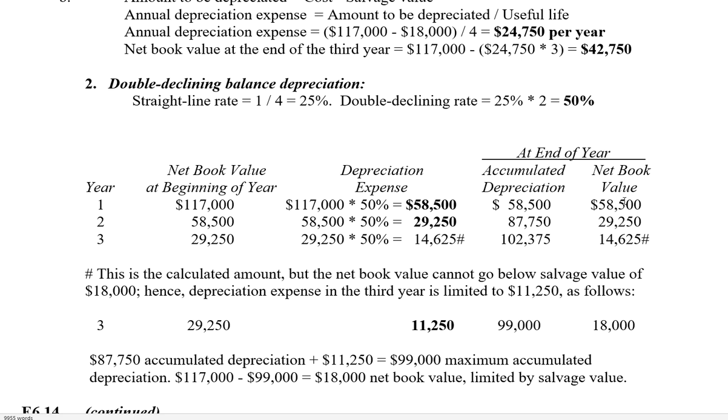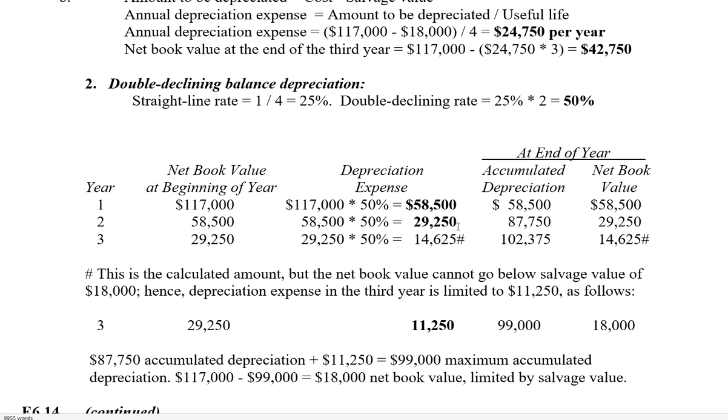So notice you take the net book value in the 2nd year and multiply it times 50%, and that gives you a certain amount. And that amount, you see, is still above how much you would take with straight line. So you take more depreciation in years 1 and 2 and a lot less in year 3 than you would for straight line.